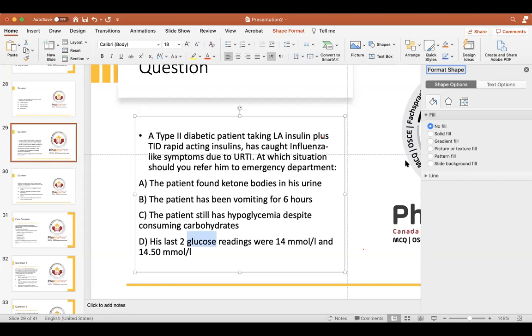Okay? Yes. When he has two consecutive readings of 14 or more, this is number two. If he has been vomiting for 6 hours, and here vomiting doesn't mean that he's dehydrated. Okay, so you have to differentiate between ketone bodies in urine and diabetic ketoacidosis, and between vomiting and dehydration.